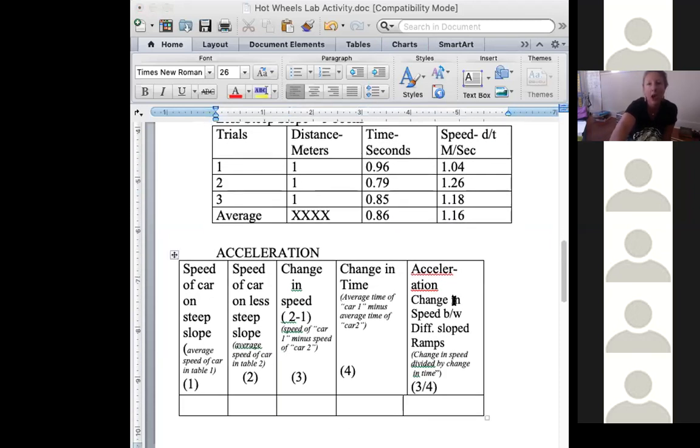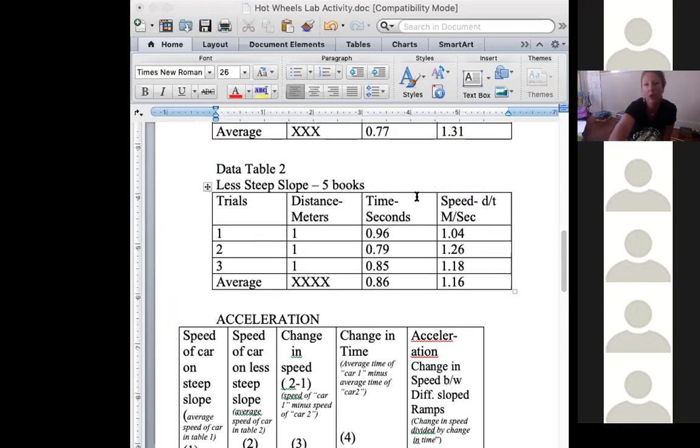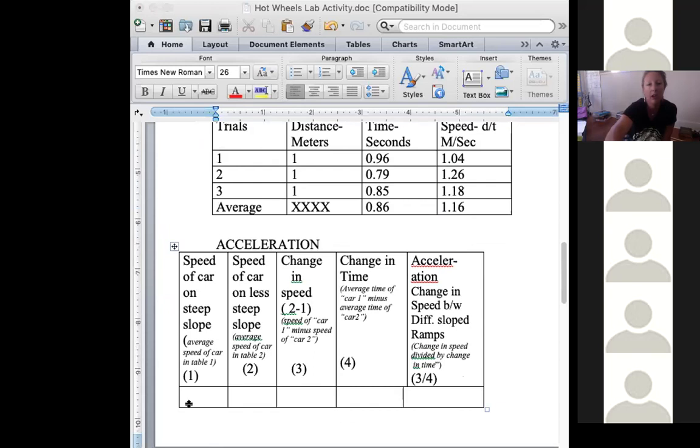Okay, we're about out of time, so let me just show you how you fill in your acceleration. So you're going to take your speed of the car on the steeper slope. That was your 1.31. And your speed of the car on the less steep slope, that's your 1.16. All right, then you're going to subtract those two.